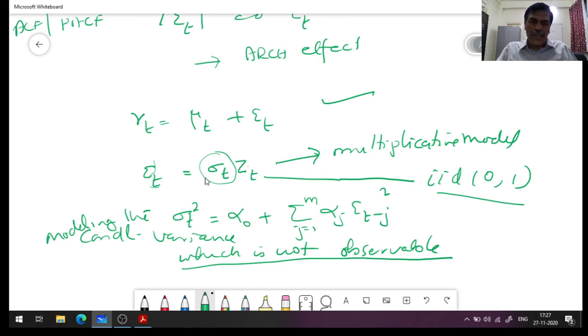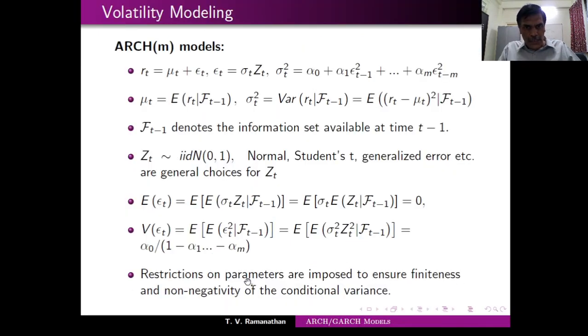Now, how do we specify this conditional variance? The conditional variance can be specified in terms of the past error squares, and that is what we are trying to do. So look at this particular expression. The variance is alpha naught plus alpha 1 epsilon t minus 1 square plus and so on, up to alpha m epsilon t minus m square.